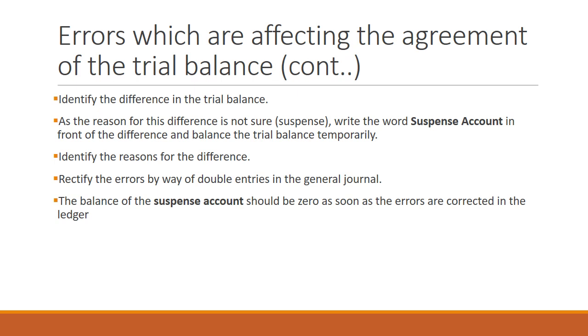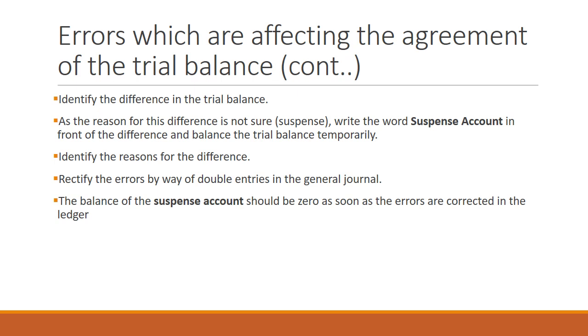To identify the difference in the trial balance, as the reason of this difference is not sure, a temporary account is opened to take the difference. This one is called a suspense account, waiting for identification of the differences.